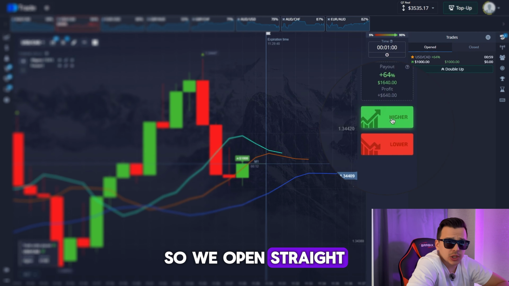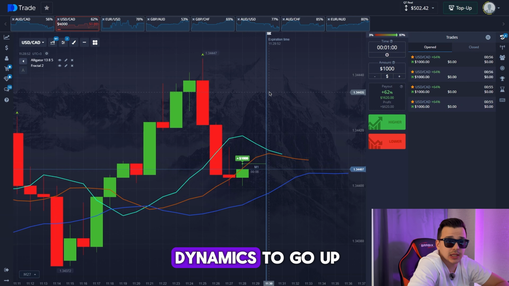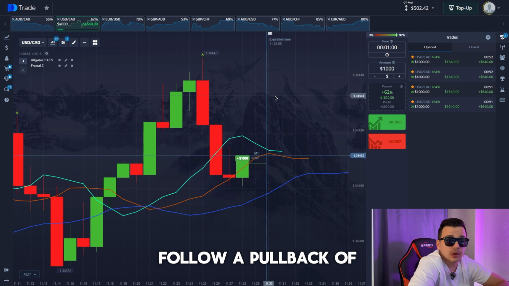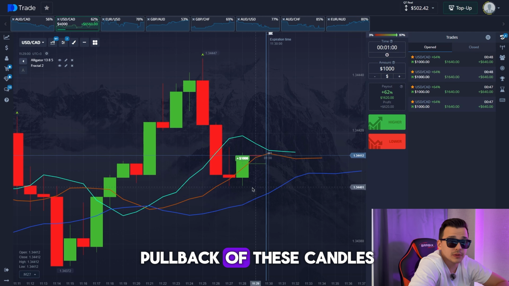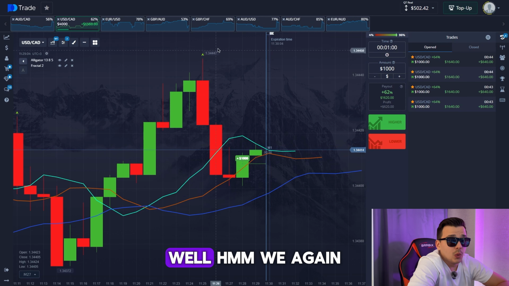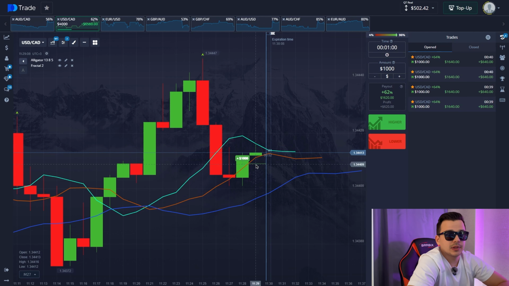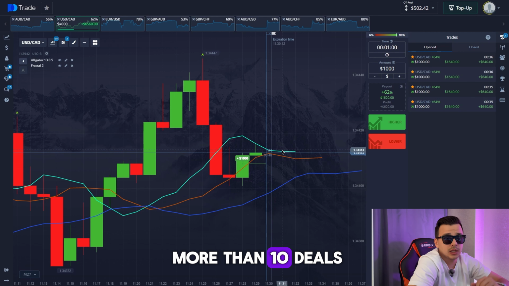So we open trades on the upside again. We see that we can get the price dynamics to go up. As I said, I follow a pullback of 2-3 candles. So we had a pullback of these 3 candles, yes. Well, we again open a deal on the upside. How many do we have? We have already opened more than 10 deals.